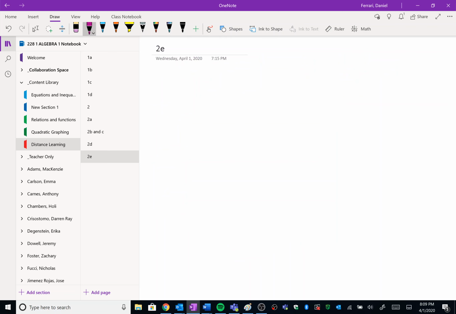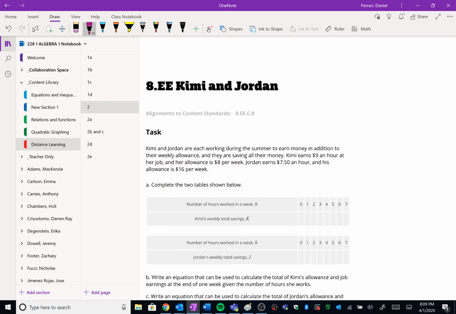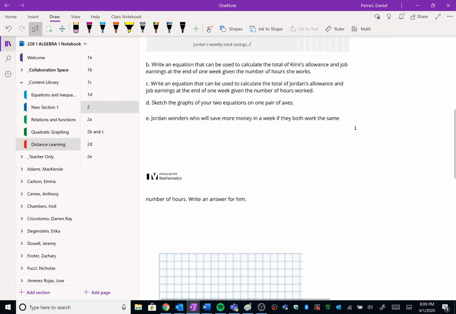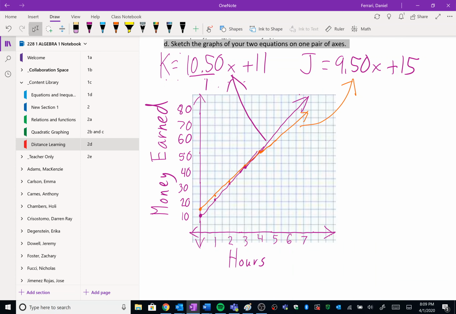Okay, so for our last question, this is the one where we're deciding who's going to save more money in the week if they work the same amount. Okay, and this is where our picture is going to help us. So for example, if I look at 1 hour, well, who made more money if they only worked 1 hour in the week? Okay, so we have Kim making a little more than $20.